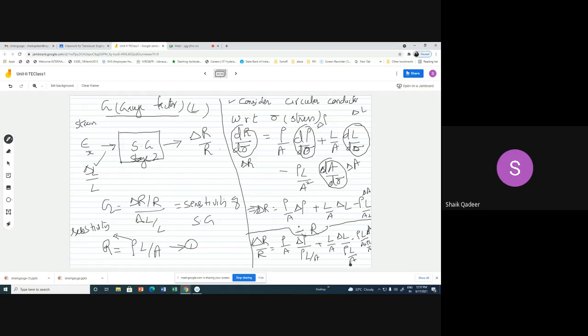Please solve this equation and tell me what is the next part you are getting. Can I go to the next page? Have you taken this?